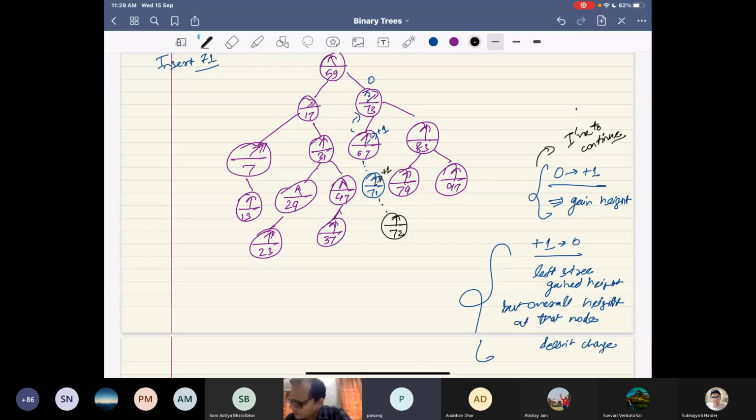Fine, I go up. I reach 67. Its right subtree has gained height. This was the right child, whose balance factor has changed from 0 to +1. So what will happen to the balance factor of 67? +2. Oh, it was already +1, and now it has gained further height.